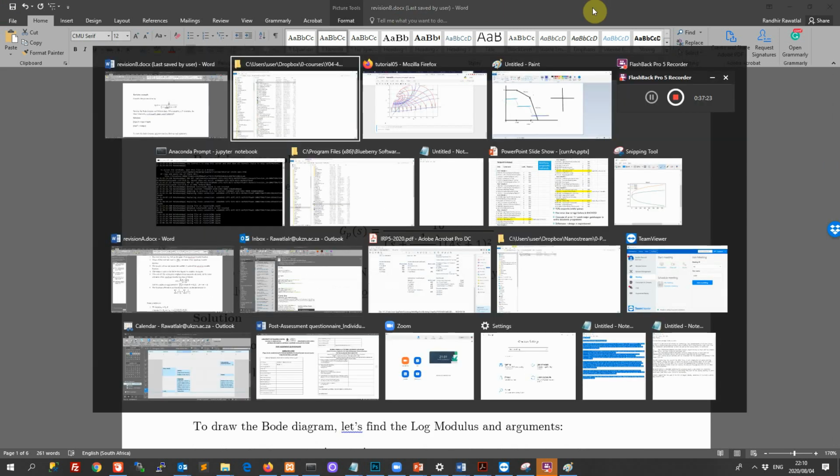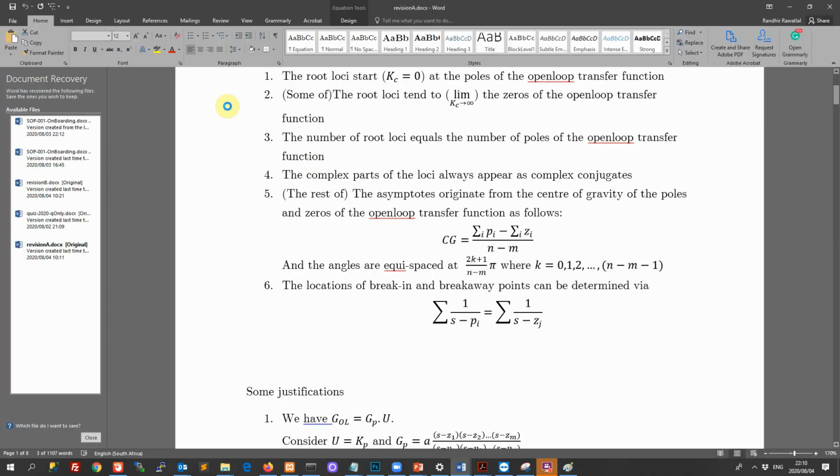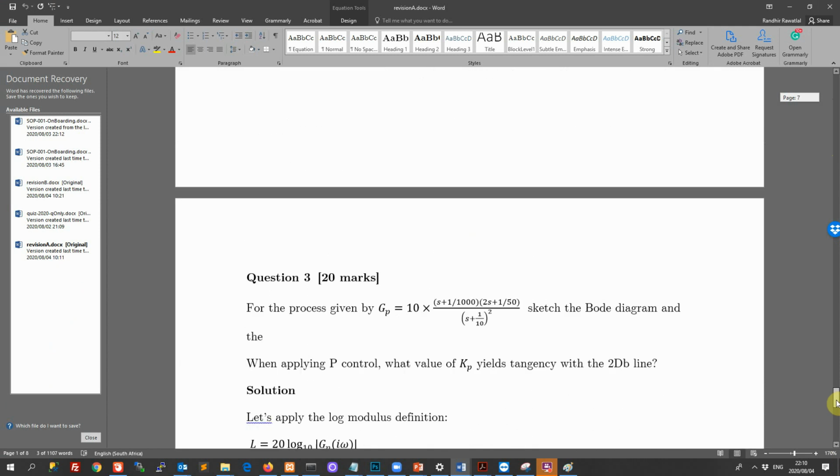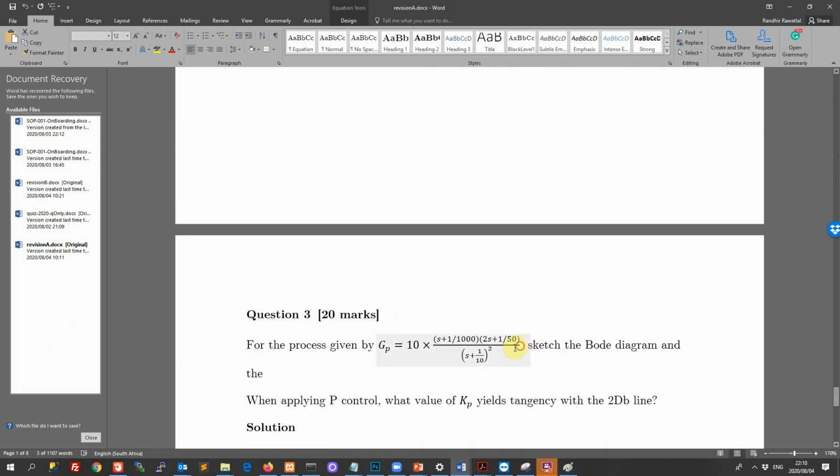Anyway, go into revision A, and there's another problem that you can work through. Yeah, this one. So you can work through this problem as well in the same way.